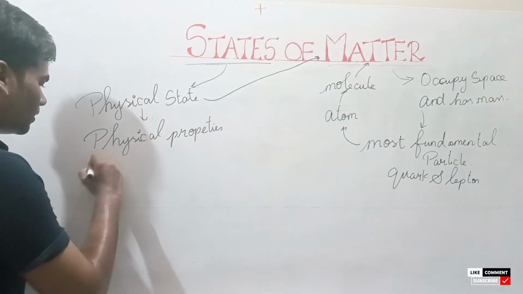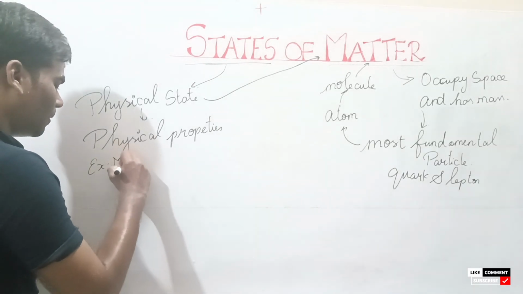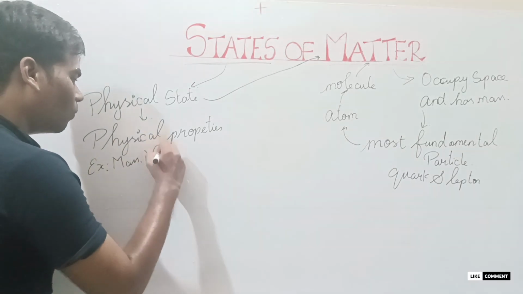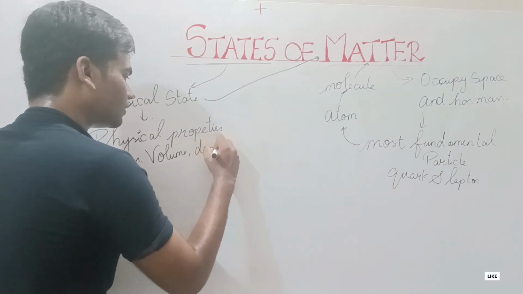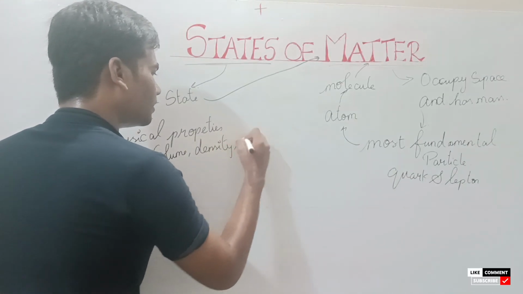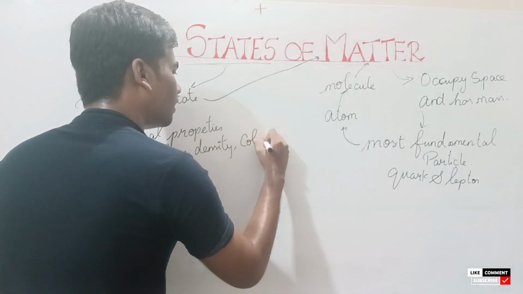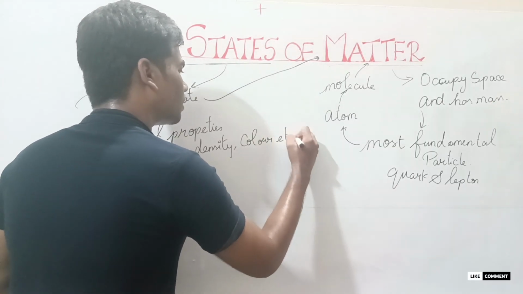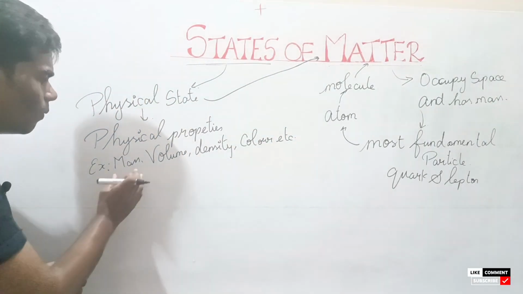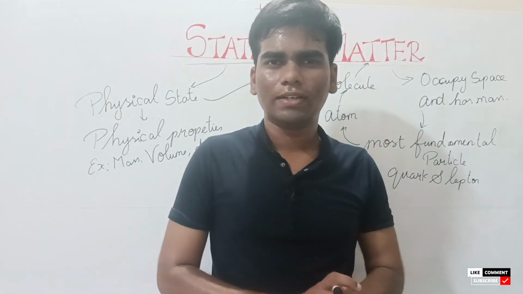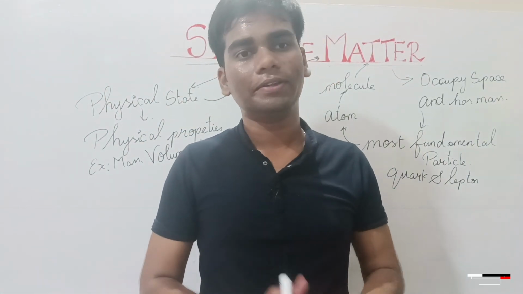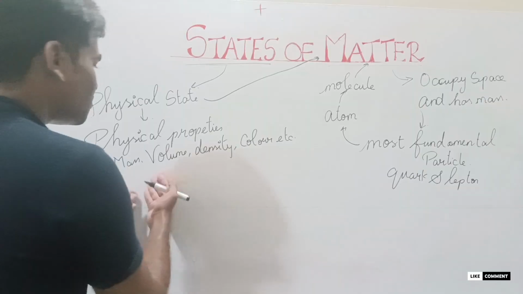What are they? The best examples are mass, volume, density, color, etc. So, my dear friends, what are these properties? Can I say whatever properties you are observing through your eyes are these properties?